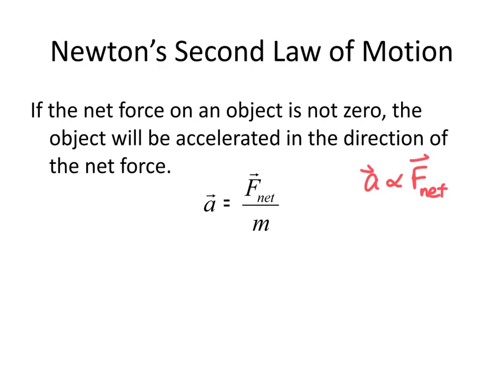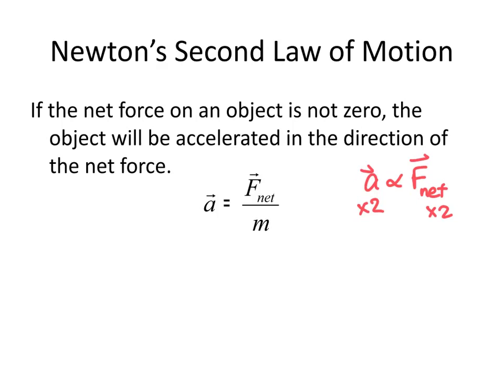That's how we would write that. Acceleration is directly proportional to the net force on the object. So if I double the net force on the object, then I double the acceleration of the object. If I triple the net force, then I triple the acceleration. That's what that direct relationship means.